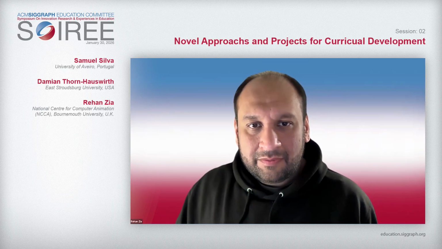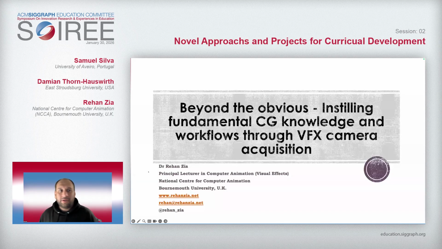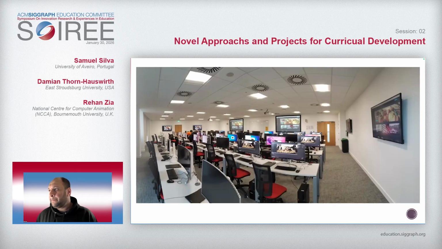Hello, everyone. So I'm a principal academic lecturer in computer animation and visual effects at NCCA Bournemouth University. I teach a number of things from practical camera in the studio and lighting in CG, match move, photogrammetry, and comp.